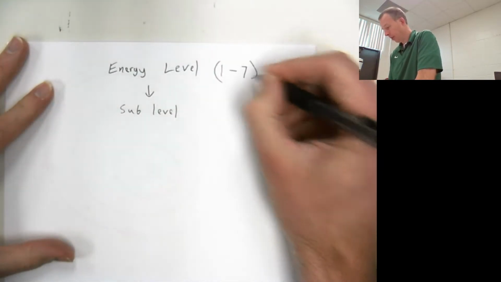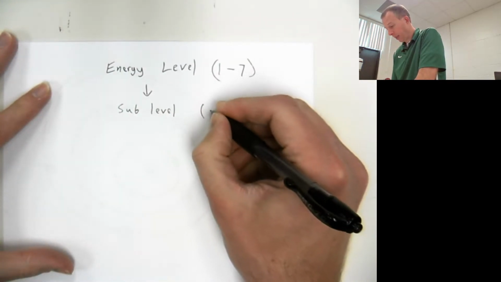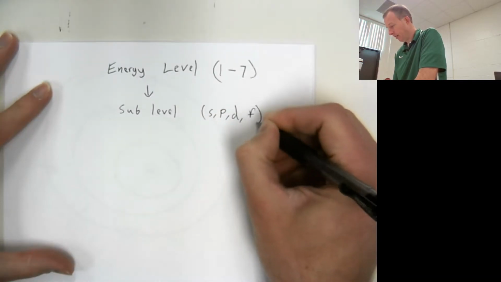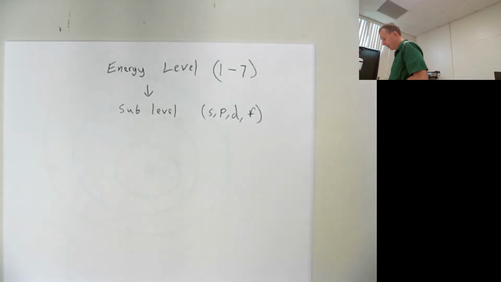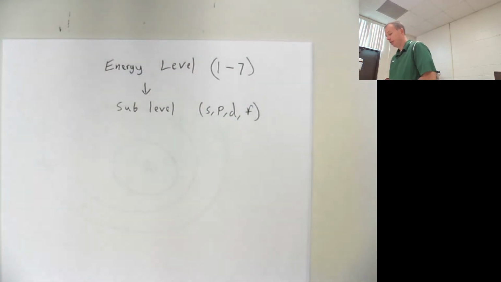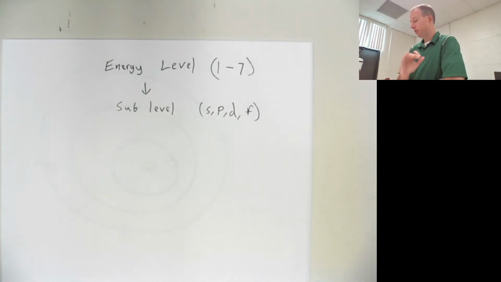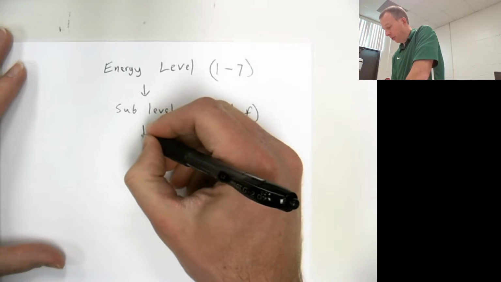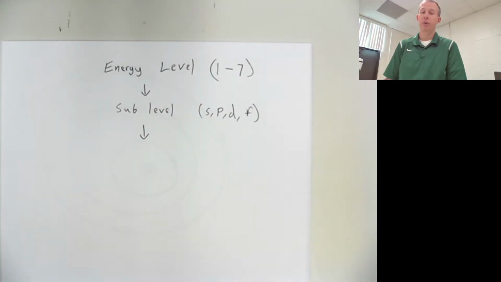These sublevels are named s, p, d, and f, and they have these goofy shapes. Are you going to need to remember those? Yes, you actually are going to have to remember s, p, d, and f. Now, the sublevels are composed of different orbitals.